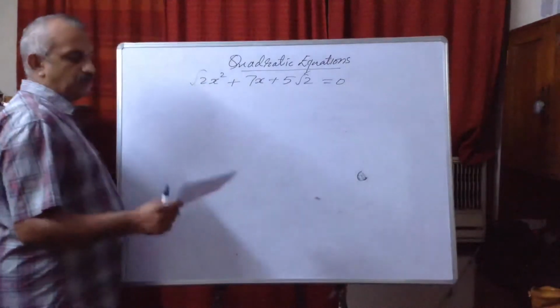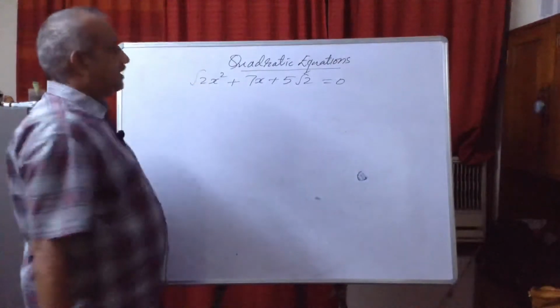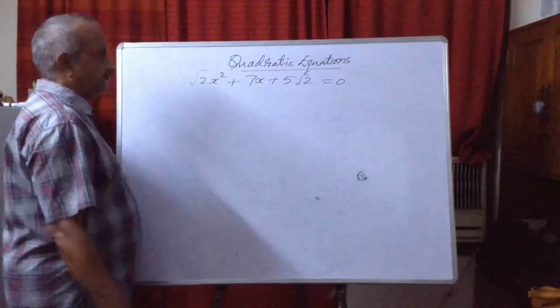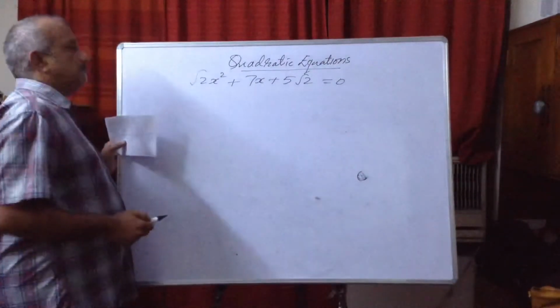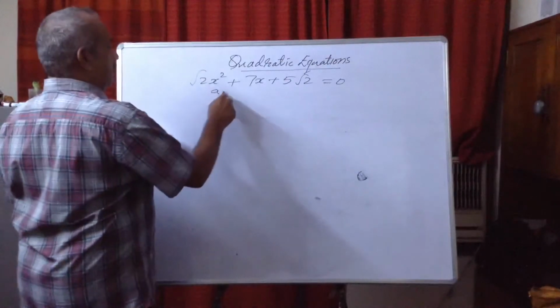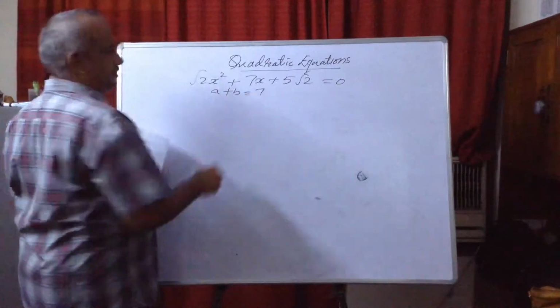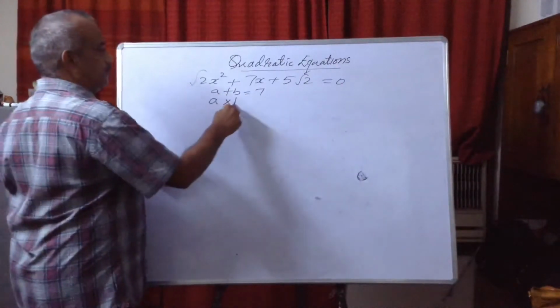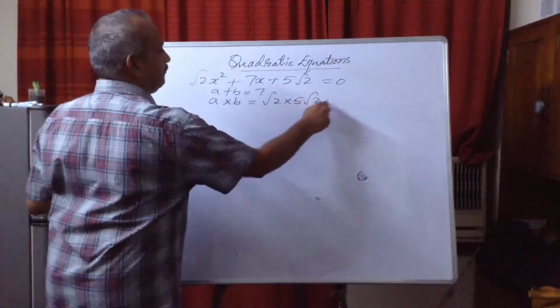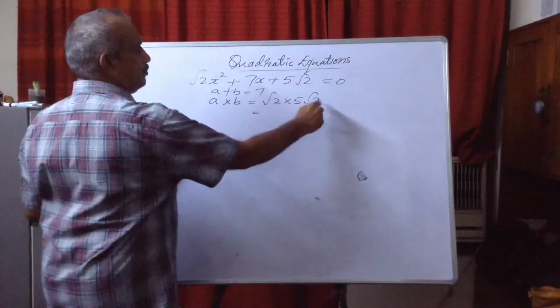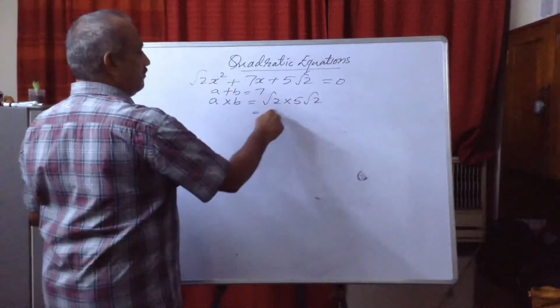So we'll do 2-3 questions of factorization and 2 or 3 questions using the quadratic formula. So you have to find two numbers, a plus b is equal to 7 and a into b is equal to root 2 into 5 root 2, which is equal to root 2 into root 2, 2 into 5, 10.